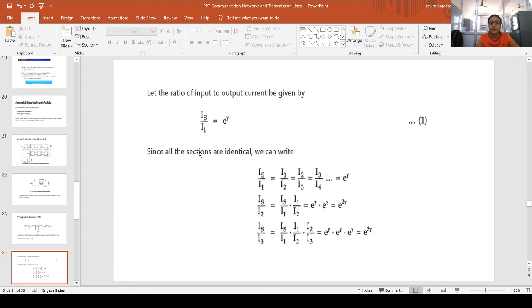So here we can write that the first current is Is, and the last current is I4. By this ratio, it is already equal to e raised to gamma. So we have to multiply all these two-port networks' current ratios.